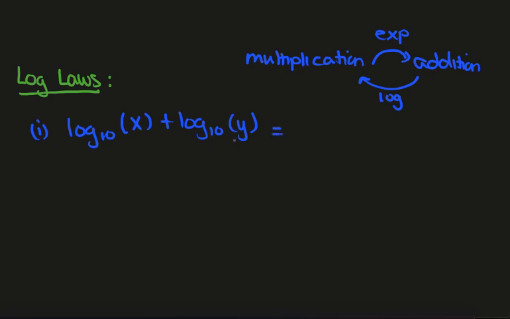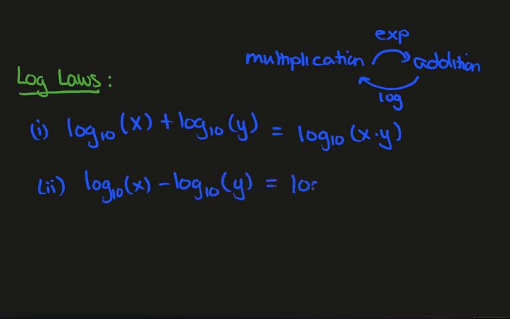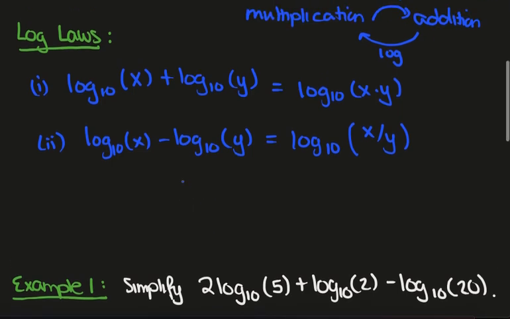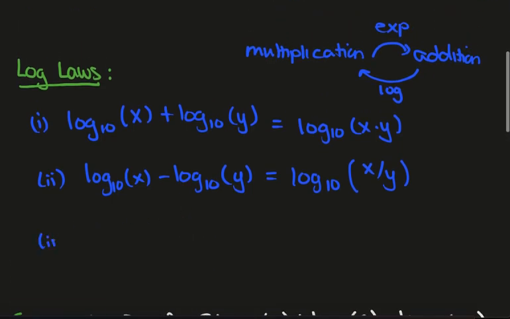So log 10 x plus log 10 y will be log 10 of x times y. Similarly, since division gets sent to subtraction with exponentials, we'll see that subtraction gets sent to division. So log 10 x minus log 10 y is log 10 of x over y.